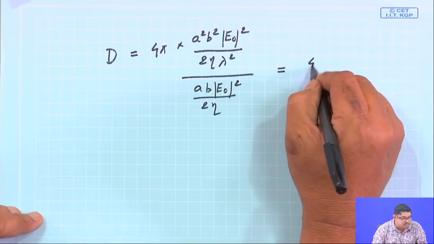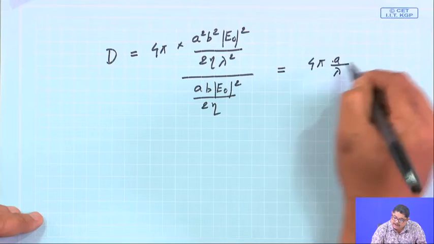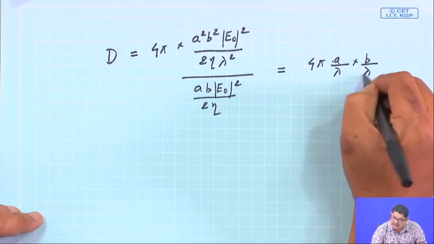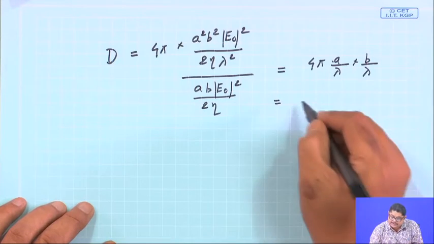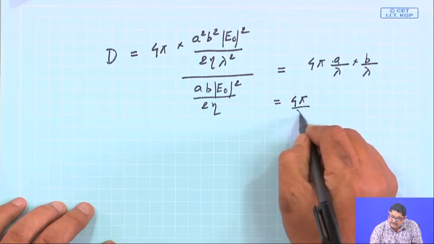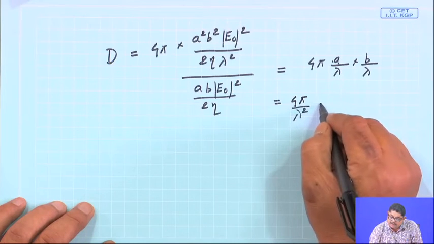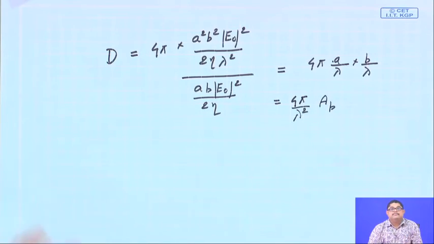So, that becomes 4 pi a by lambda into b by lambda. Now, I can say two things. One is I can write it as 4 pi by lambda square into a b, where I am writing a b as the physical area of the aperture.